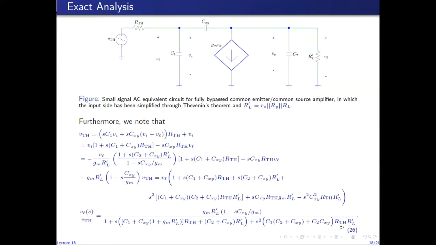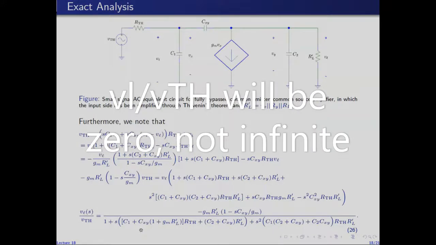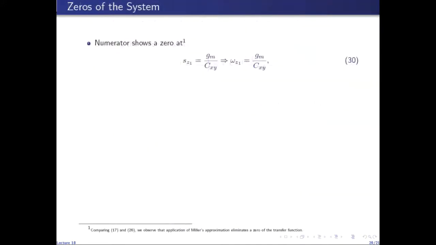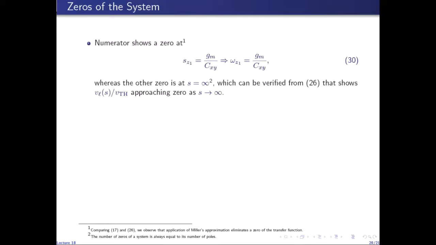So at s equal to infinity, the numerator will be finite, constant, and the denominator will be infinite. So VL over V Thevenin will be 0. So as s approaches infinity, in other words, as the frequency increases towards very large values, this transfer function approaches 0. So this implies that the other zero must be at infinity.